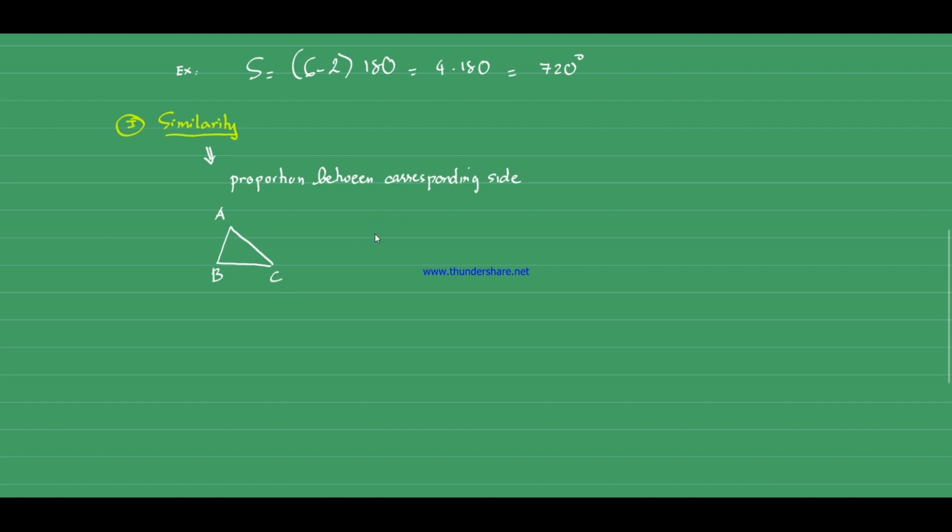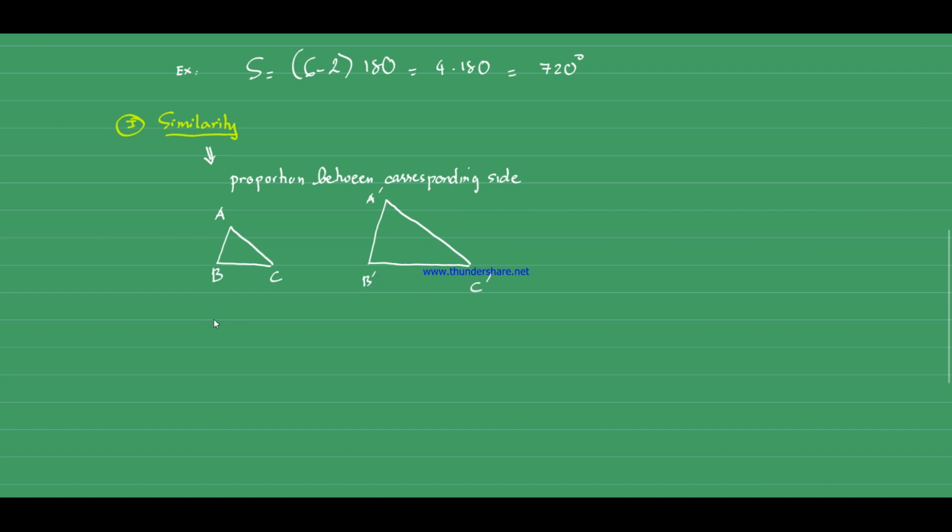And I have a bigger triangle, same shape, but just bigger. So I zoom in on triangle ABC and make a bigger one. So I have something like this. I'm going to call this A prime, B prime, and C prime.